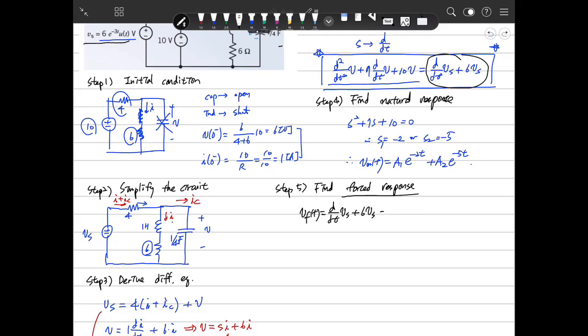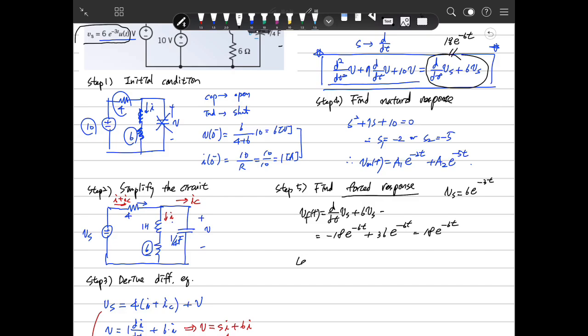The Vs is like that. The Vs is 6 exponential minus 3t, so we use it here. Then we get minus 18 exponential minus 3t plus 36 exponential minus 3t, so there will be 18 exponential minus 3t.